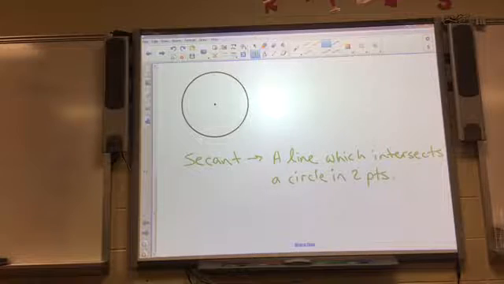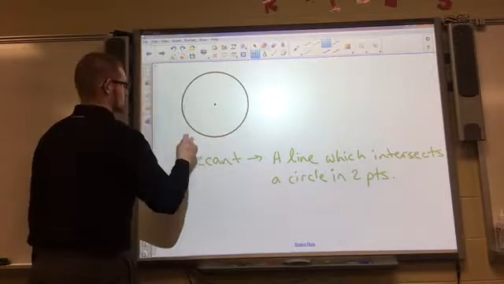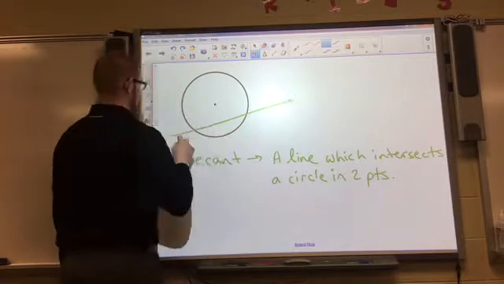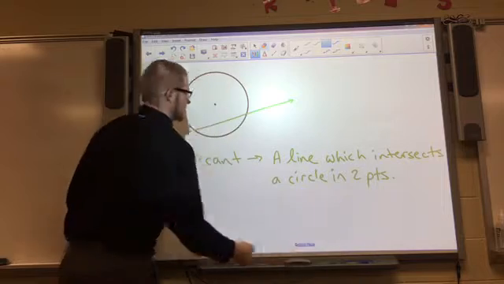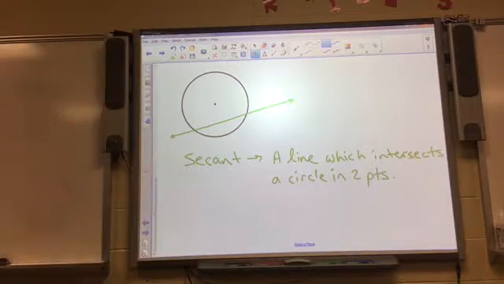Seems to be close to the same thing as a chord, right? Okay, we know it intersects in 2 points. The difference is a secant extends outside of the circle. A chord does not. A chord stays inside the circle.